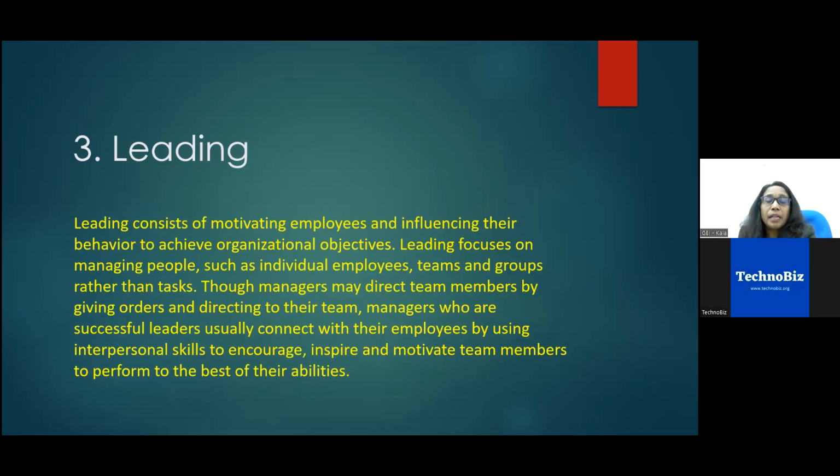Leading. Leading consists of motivating employees and influencing their behavior to achieve organizational objectives. Leading focuses on managing people, such as an individual, team, or group, rather than just a task.